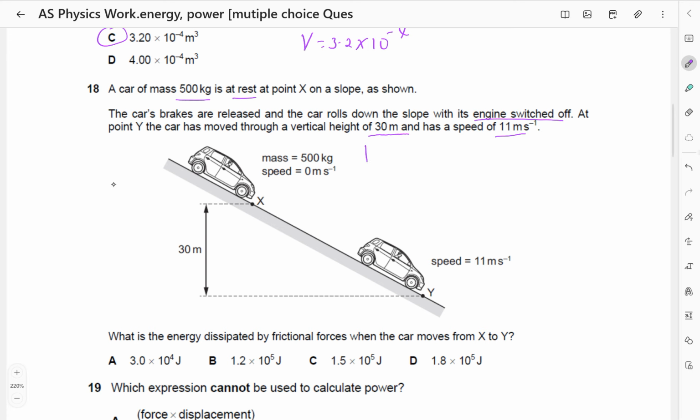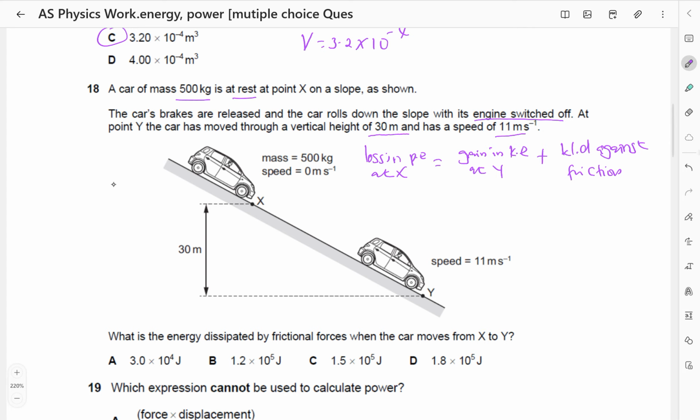So I will say, this is the energy theorem: the loss in potential energy at X is going to be equal to the gain in kinetic energy at Y plus the work done against friction.